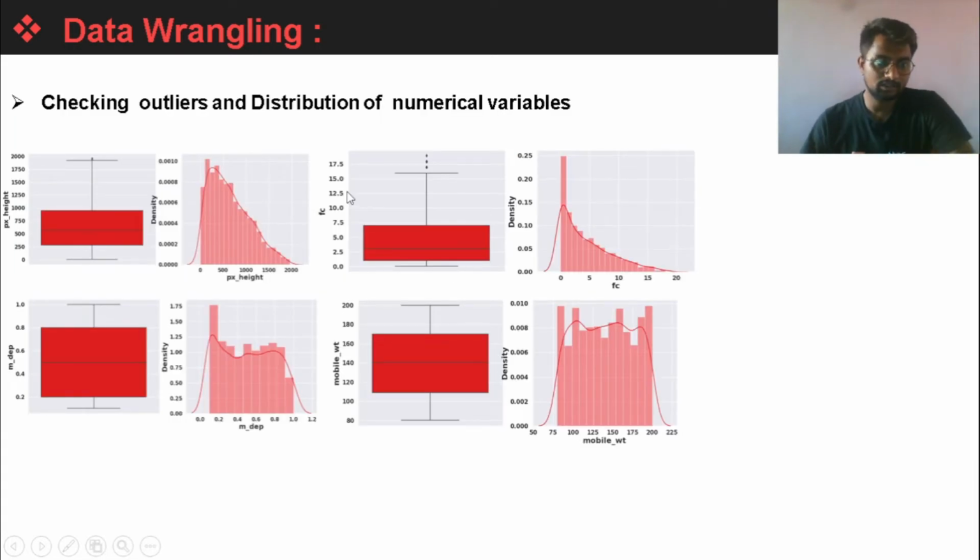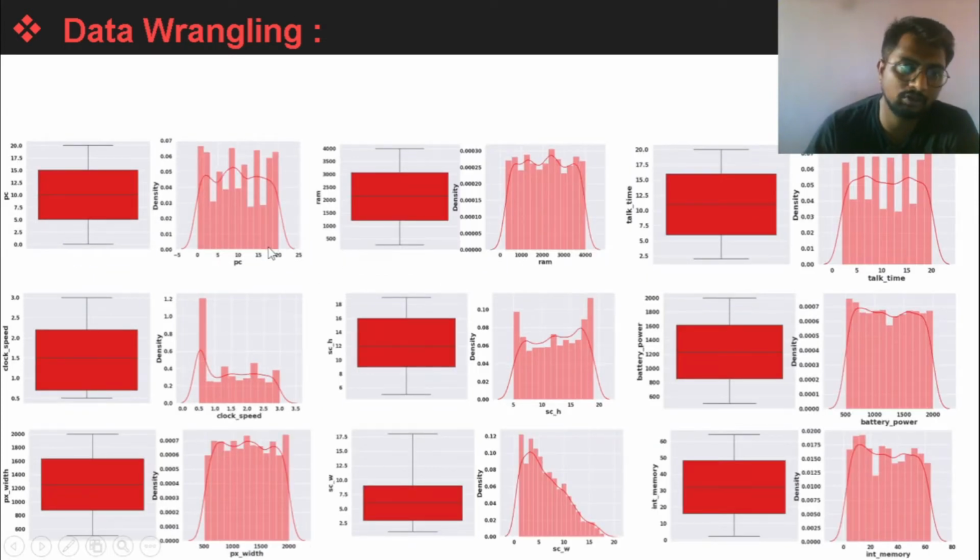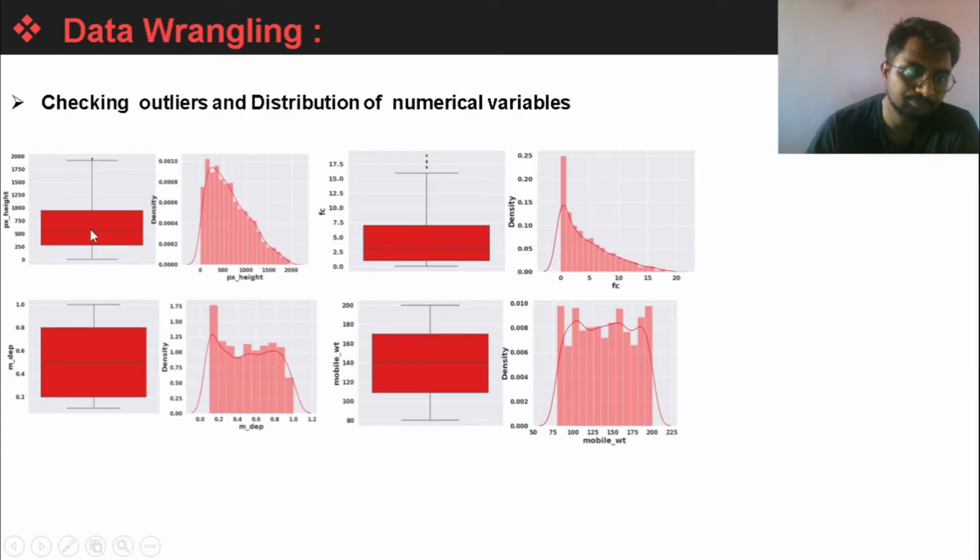Next we checked the outliers in the numerical columns and their distribution. These are all the distributions and the box plots for each numerical variable.